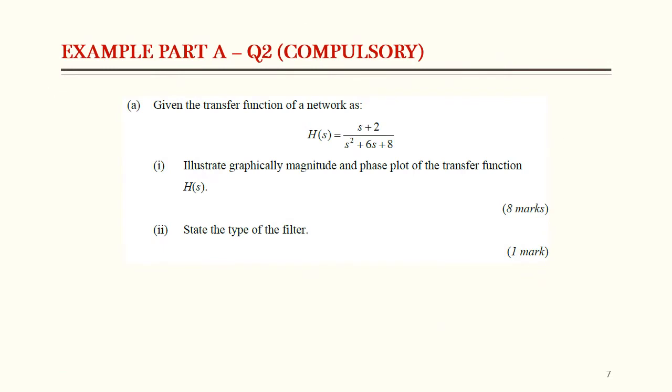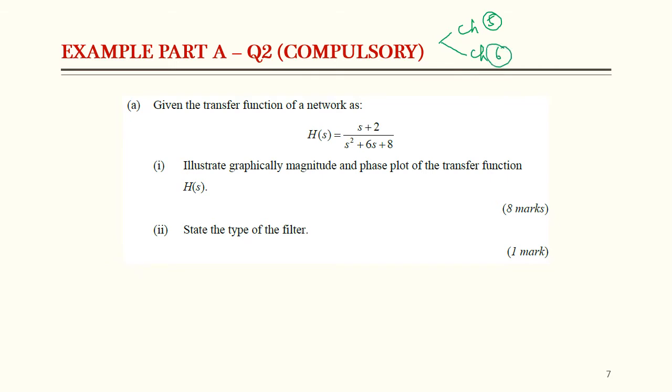Move on to the second question. In part A, still a compulsory question. You must answer this question. So this is from chapter 5, transfer function and Bode plot, and also chapter 6, the filter design and analysis.